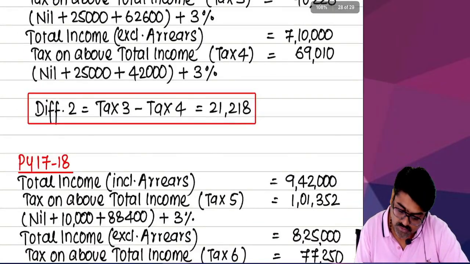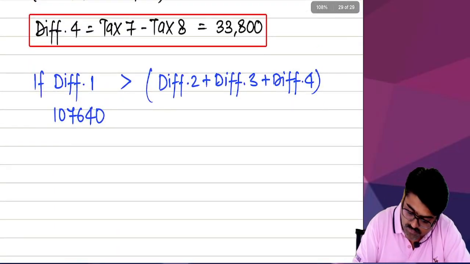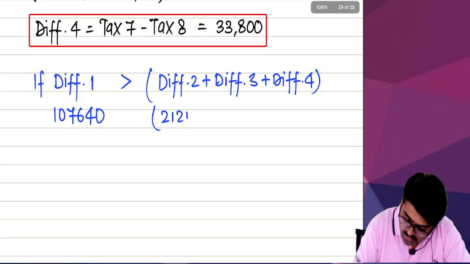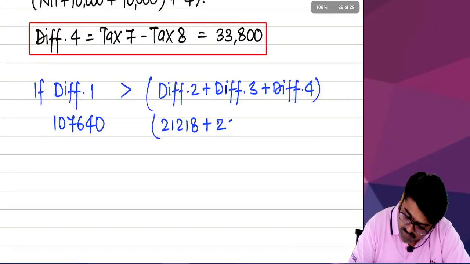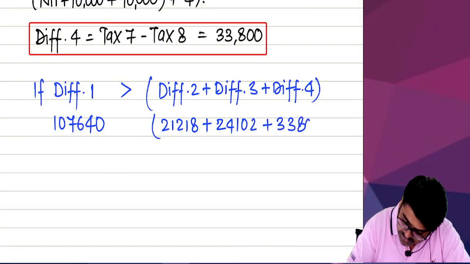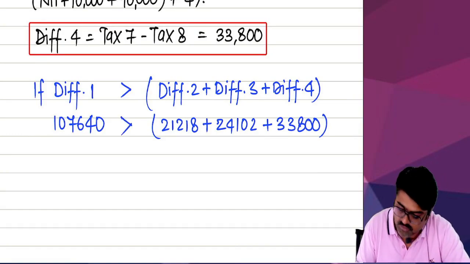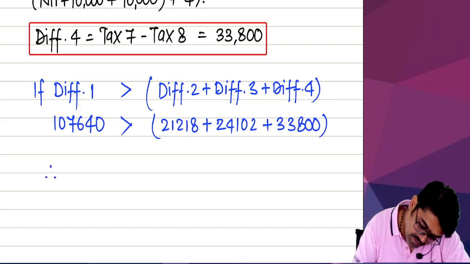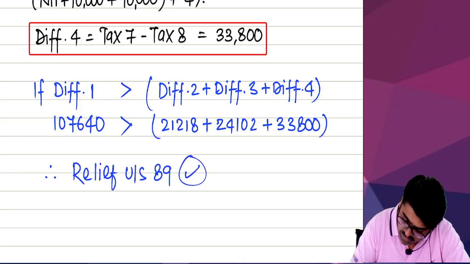So difference 2, 21,218, and 24,102, plus 33,800. What is the total? So 1,07,640 is higher than this, no? Therefore, relief available or not available? Relief under section 89 will be available.